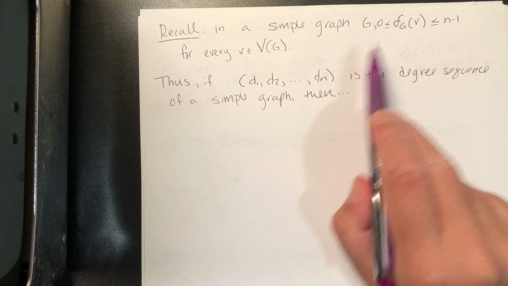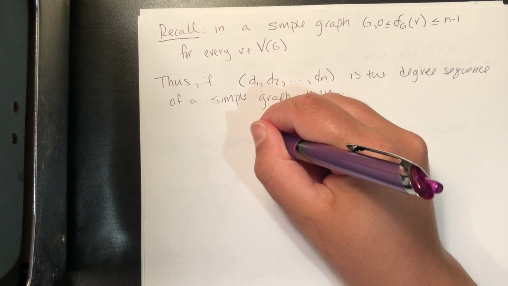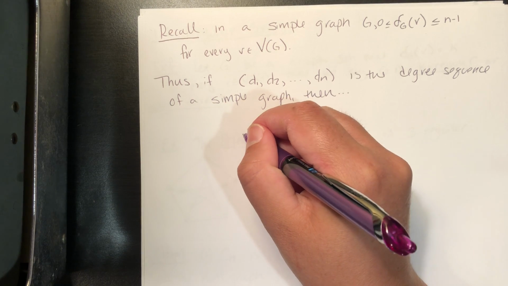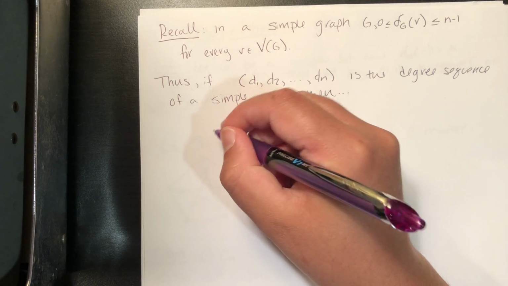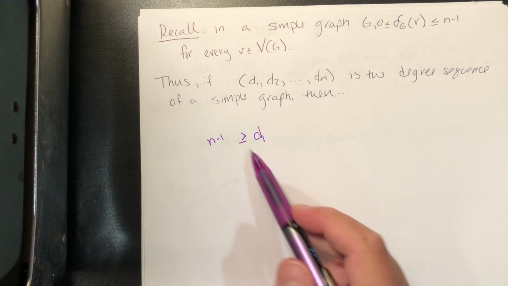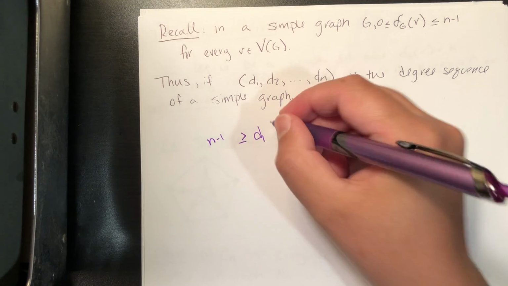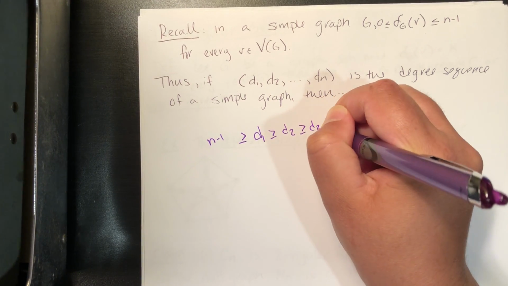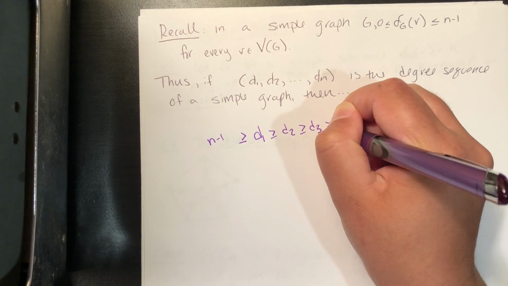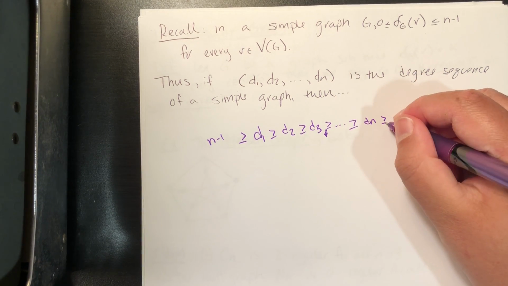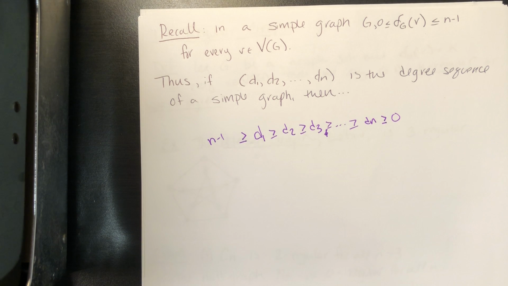And so we have that D1 is going to be less than or equal to n minus 1, because this is some degree in the graph. This is the largest possible one, which is greater than or equal to D2, greater than or equal to D3, all the way down to Dn, which has to be greater than or equal to 0. Okay, I sort of wrote this in a backwards way, but you get the idea.